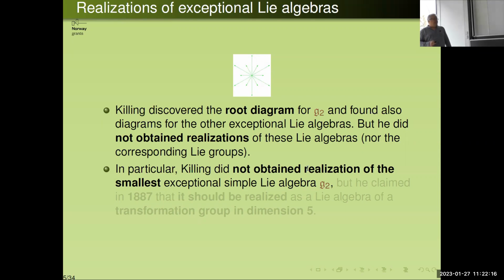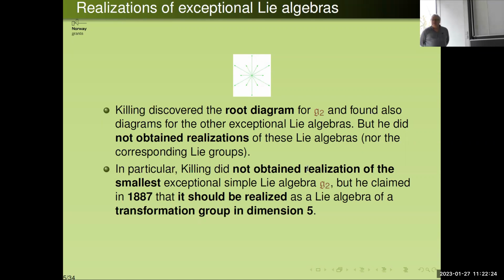In particular, Killing did not obtain a realization of the smallest exceptional simple Lie algebra G2, but he claimed in 1887. Realization, you mean? Yeah, realization, because I will distinguish between representation and realization.